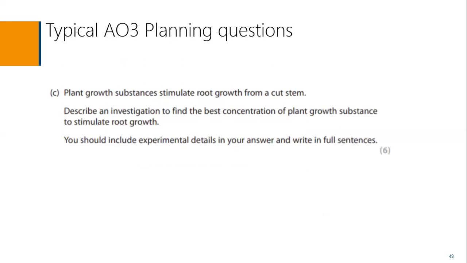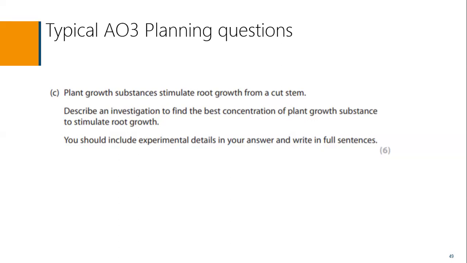Now, this is a typical AO3 planning question. So you've got plant growth substances stimulate root growth. Describe an investigation to find the best concentration of plant growth substance. It's a 6-mark question.